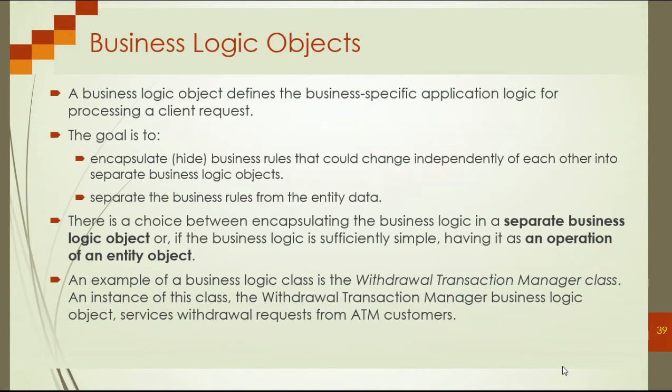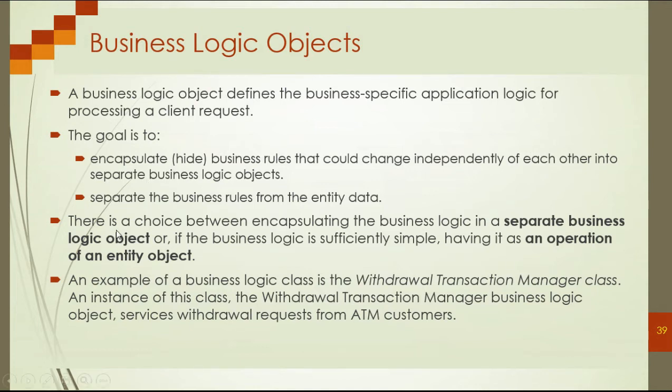As we said, the business logic is the first object of application logic. It is used for hiding some activities. We hide some activities and they should be separate from the entity. So to separate them from the entity, we use the business logic object.